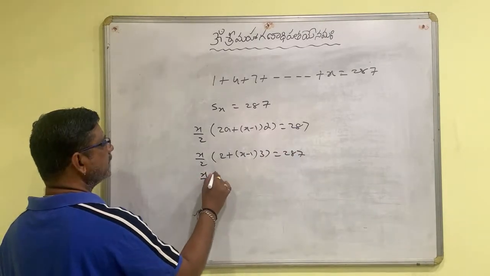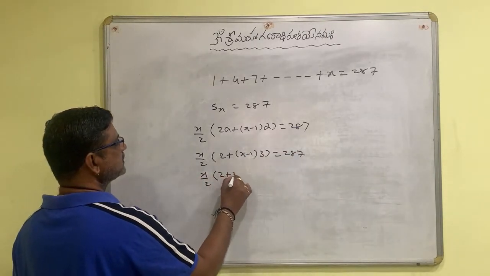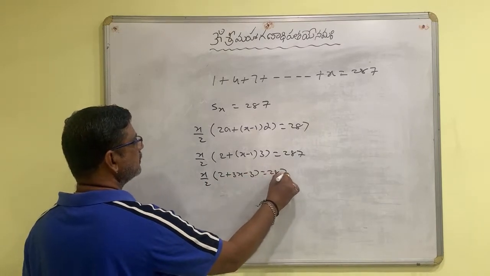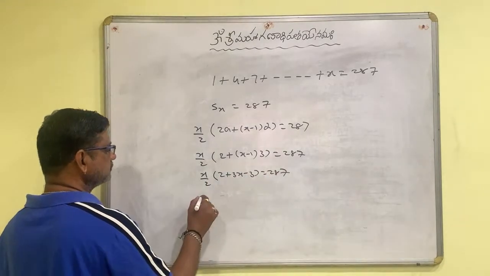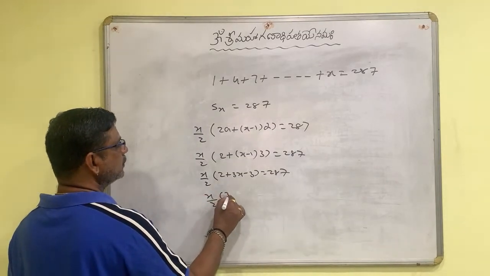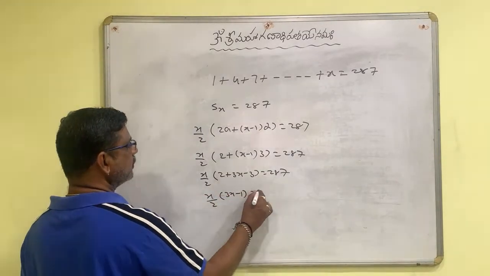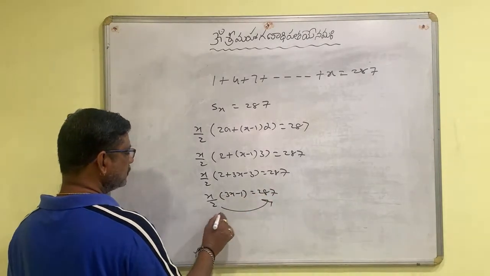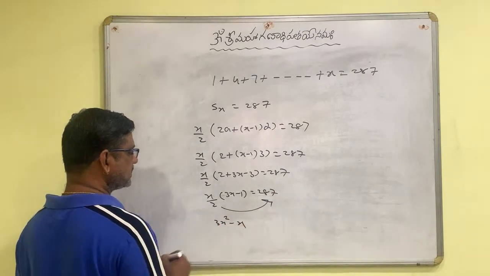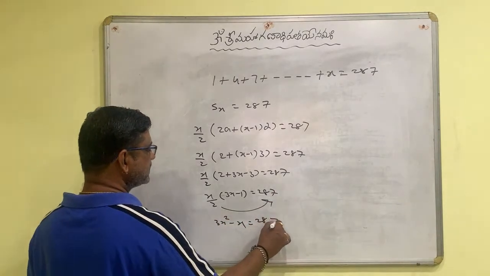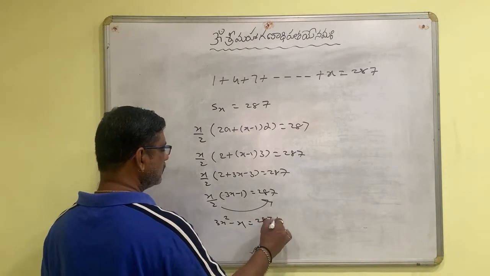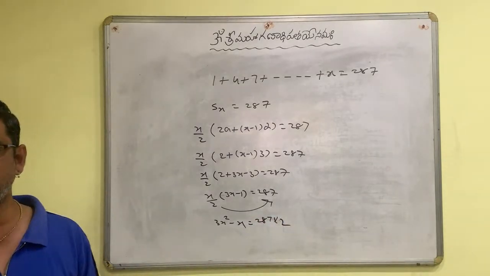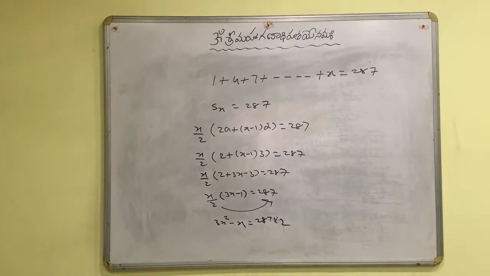So x by 2 into 2 plus 3x minus 3 is 287, so x by 2 into 3x minus 1 is equal to 287. Send this 2 to that side. So here you will get 3x square minus x is equal to 287 into 2. You will get a quadratic equation.